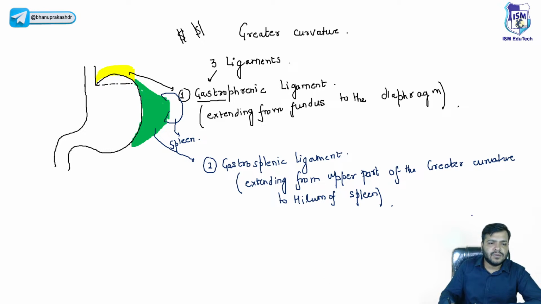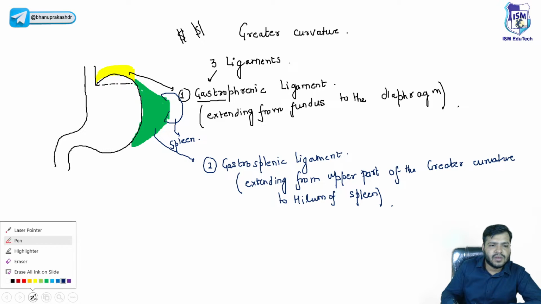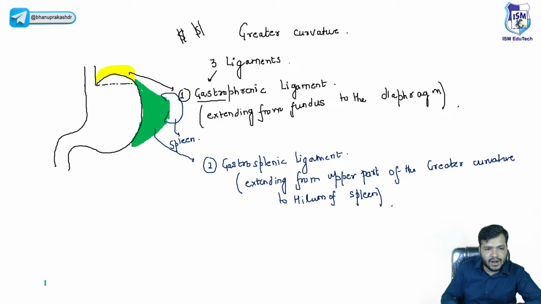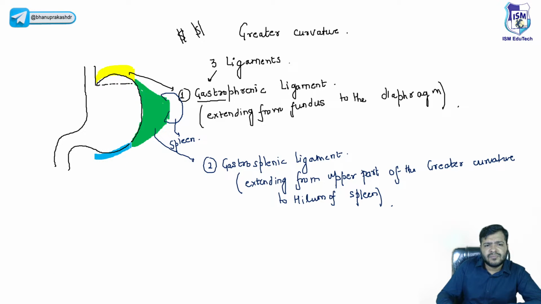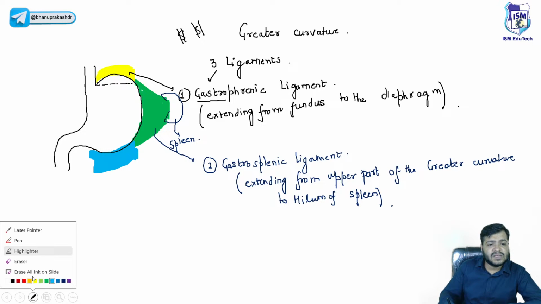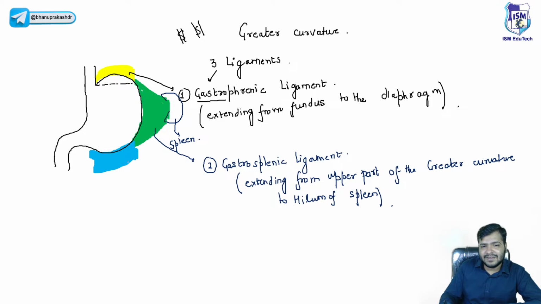And thirdly, the one which is left, beta, it is the greater omentum. So remember, it extends from the lower part of the greater curvature to the posterior abdominal wall, right?